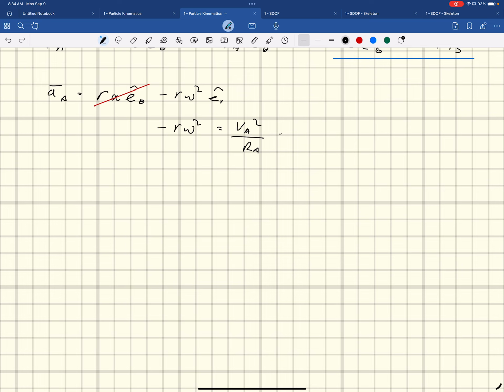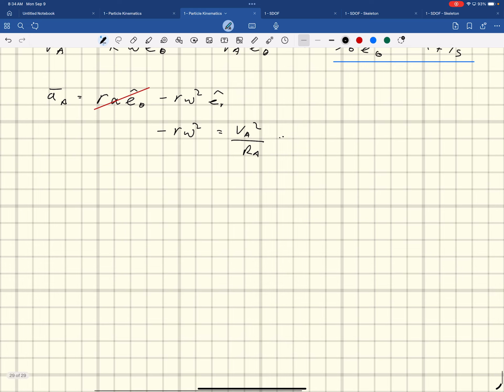So this ends up being equal to negative 36 squared over 1250, which is the radius of A, and that would be in the ER direction.